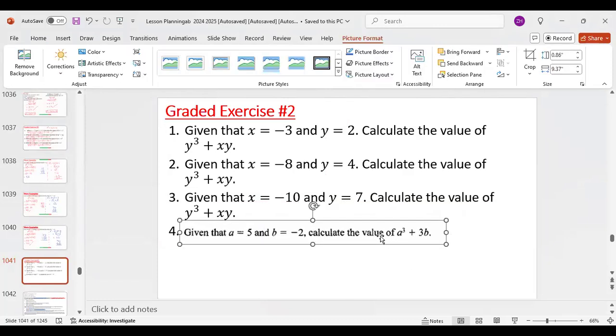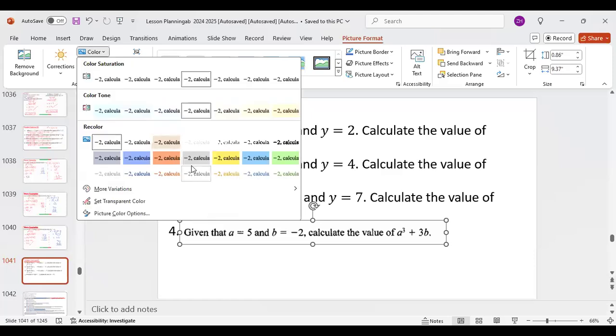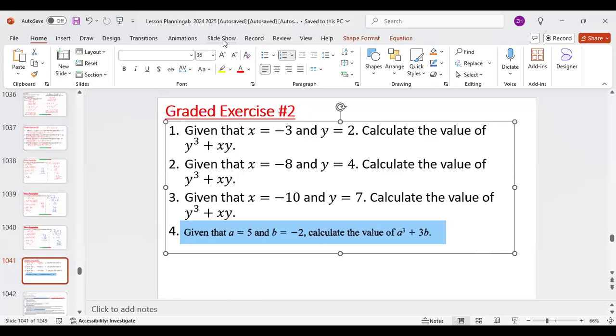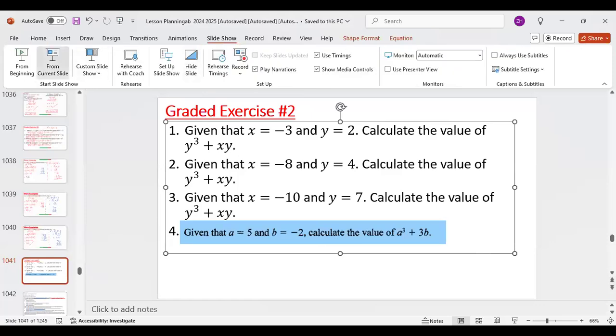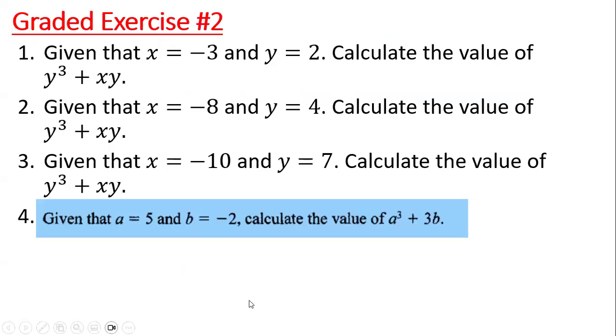You know what that means. Number 4 is the bonus. All right, what's the bonus? Yeah, number 4 is the bonus. Go ahead.